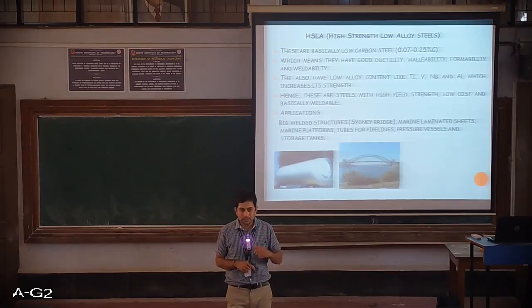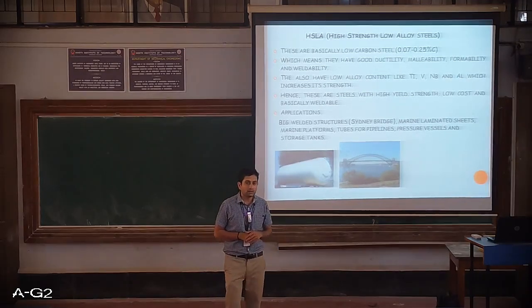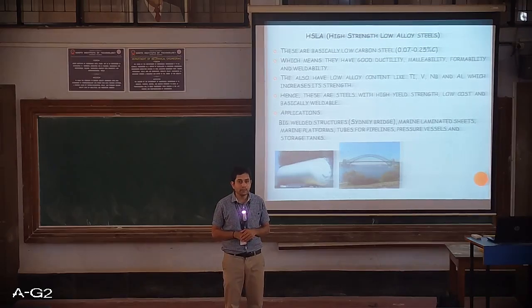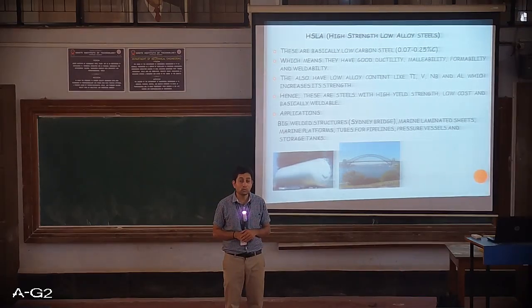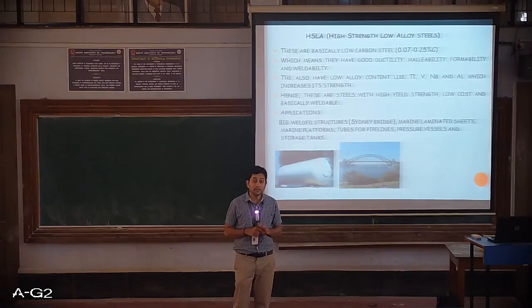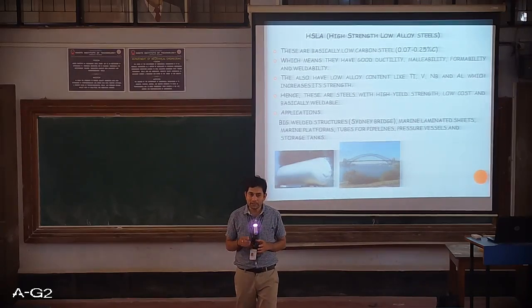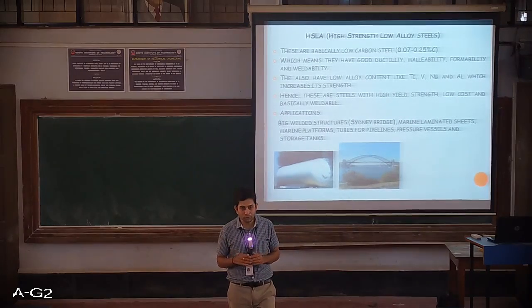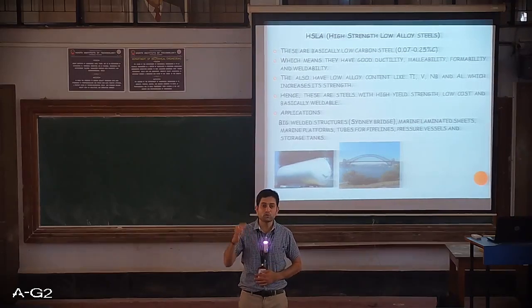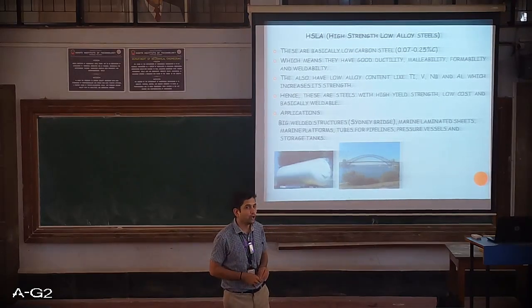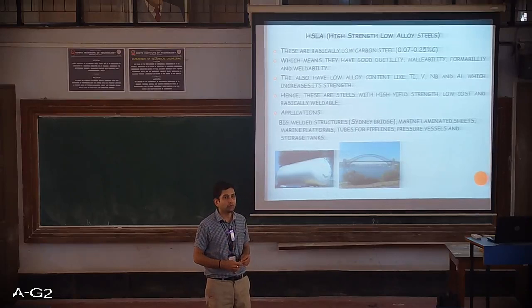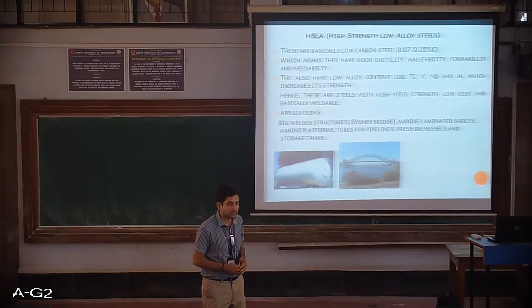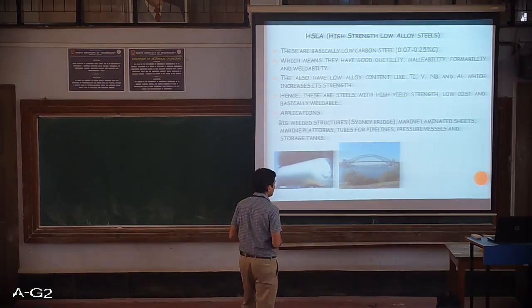But in the case of HSLA, the advantage is that these high strength low alloy steels are easily weldable, and they contain low alloying elements, so the price of the component will also be low, and at the same time it shows very good strength. So you should know the meaning of HSLA.